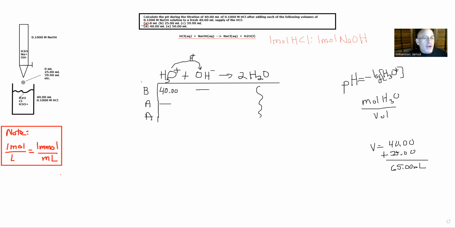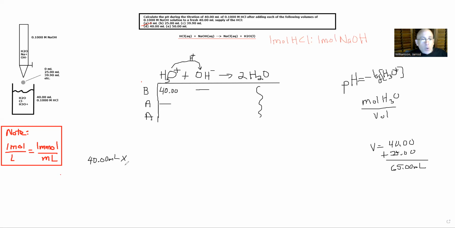What I'm going to do is figure out how many millimoles of hydronium ion I have in here. And the way I'm going to do that is I have 40 milliliters of hydrochloric acid in here to start with. Since that's a strong acid, that means I have 40 milliliters of hydronium ion solution. And if it's 0.1 molar hydrochloric acid to start with, it's actually 0.1 molar hydronium ion. We just talked about that.